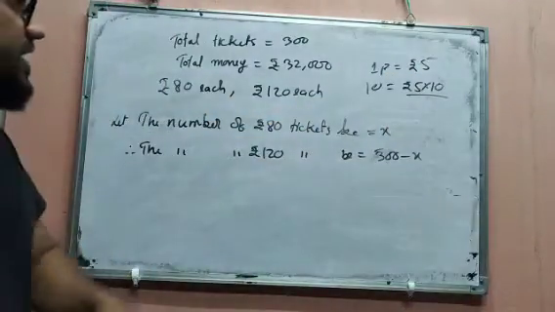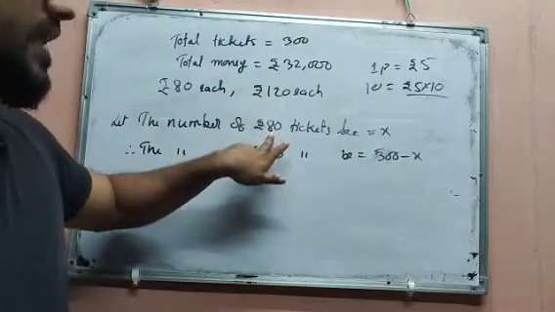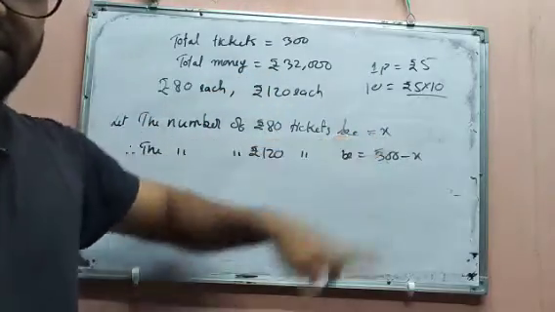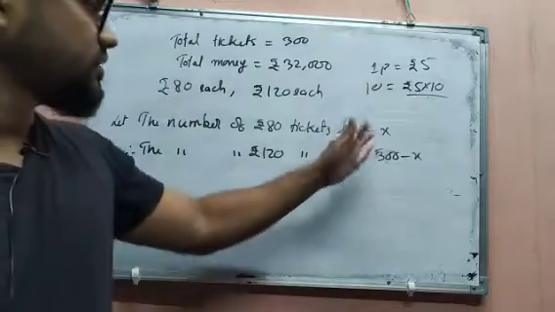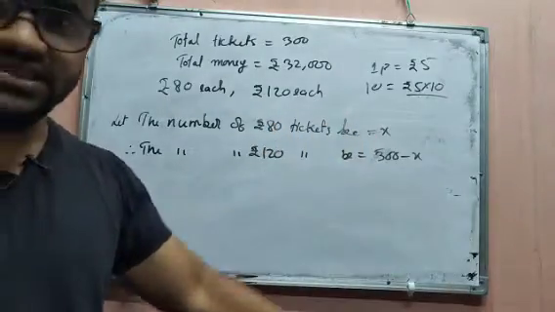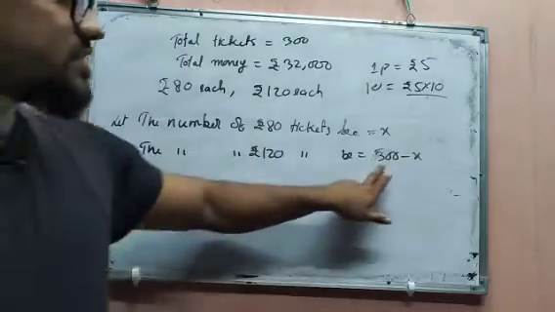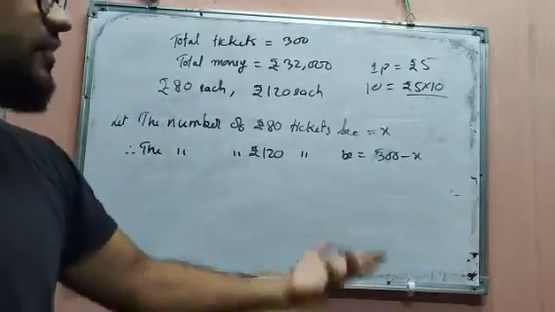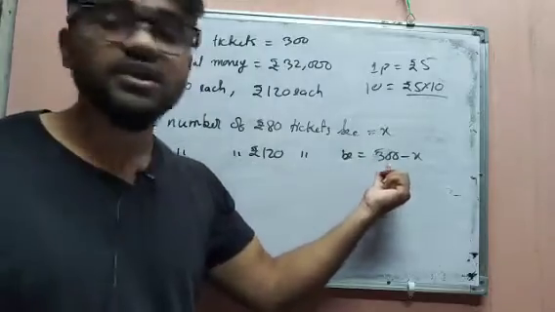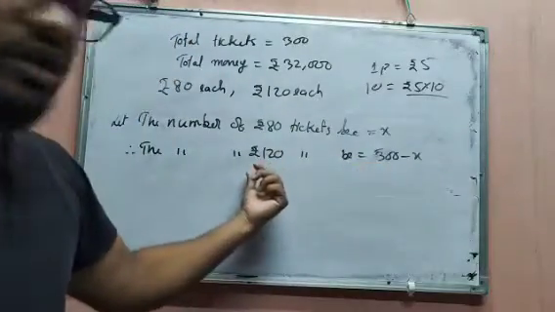So now the rate is rupees 80 and the quantity is x. So total amount will be 80 multiplied by x. Also the rate is 120 and the quantity is 300 minus x. Same case, total amount will be rupees 300 minus x into 120.